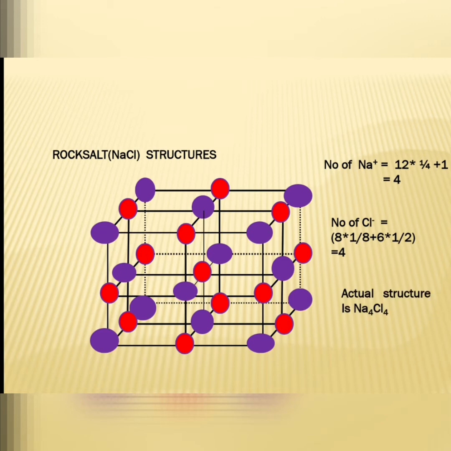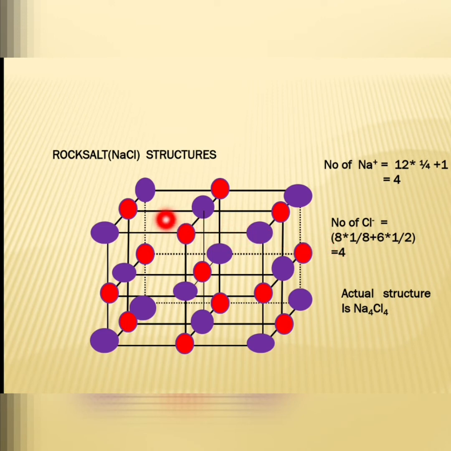So the actual structural formula should be Na4Cl4, not NaCl, but the ratio 4:4 equals 1:1. That's why we write NaCl, but the actual formula is Na4Cl4.